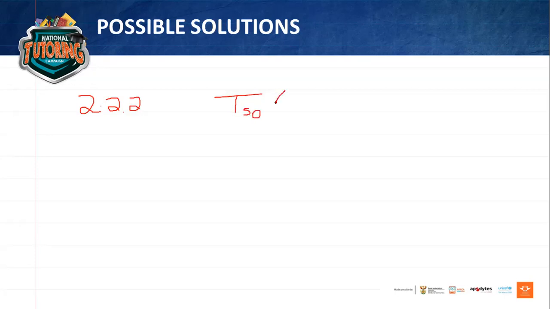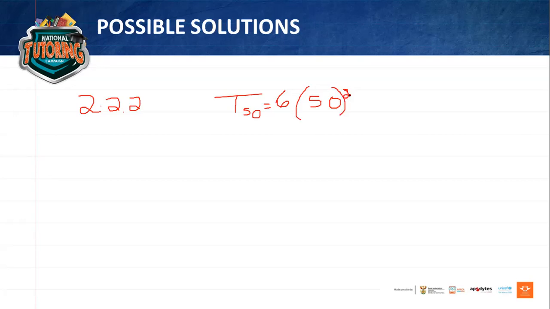So we want T50. Where we see n, we're now going to put 50. So T50 is going to be equal to 6, then we substitute 50. We just have to remember to square.